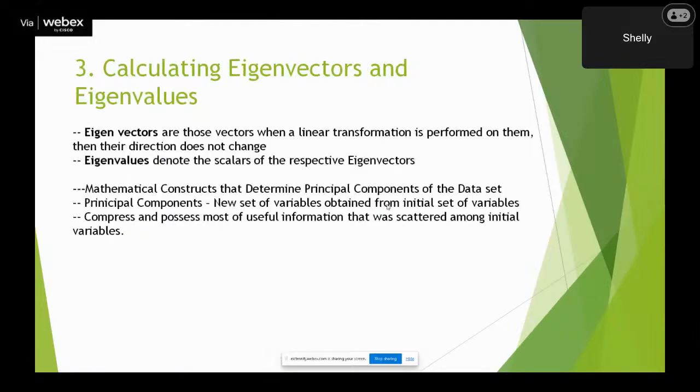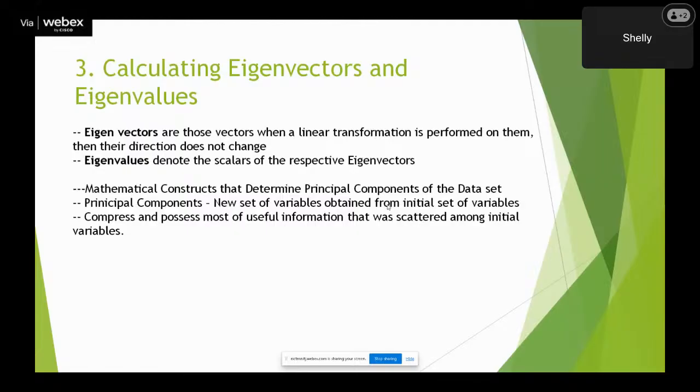Now, once we have calculated the covariance matrix, the next step is to calculate the eigenvectors and the eigenvalues. Now, what are eigen? The purpose of the eigenvectors and the eigenvalues is that they are mathematical constructs that determine the principal components of the data set, right?